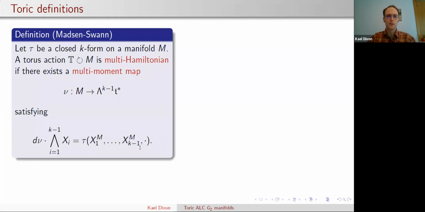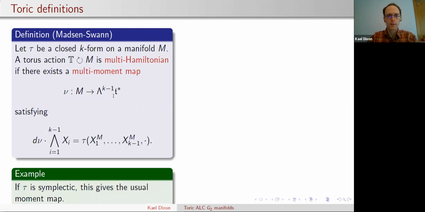And then the condition that you want to have satisfied is that this one-form is exact. And this property is encoded in the multi-moment map, which is the potential for that one-form, essentially. So you can think about it as a smooth map from the manifold to this Lambda wedge power of the dual Lie algebra. And so this generalizes the usual moment map when k is equal to 2, and then the image is just simply the Lie algebra dual.